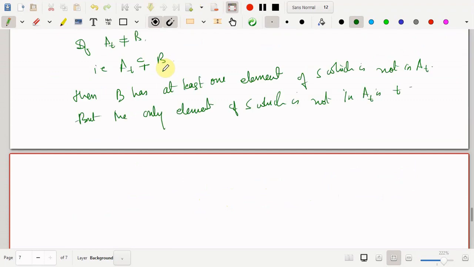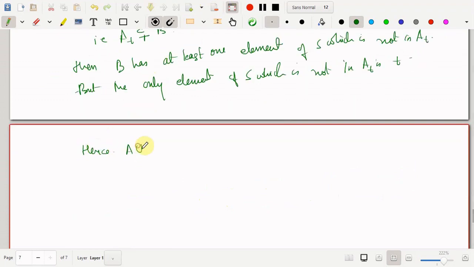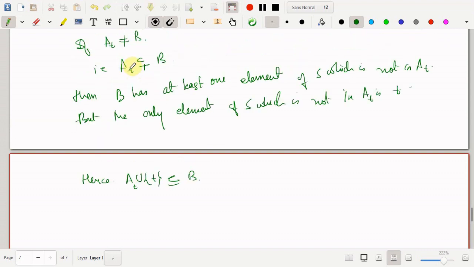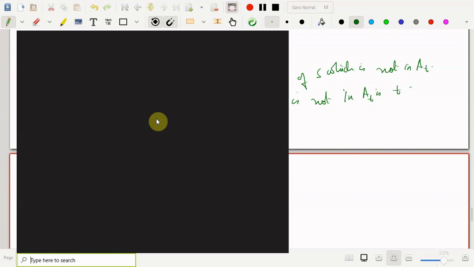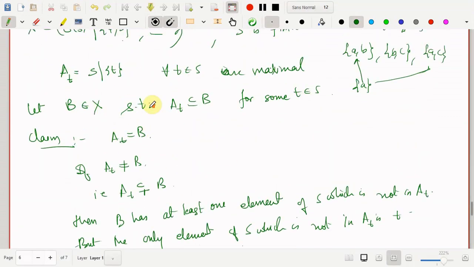Hence A_T union this {T} should be contained in B. Because we know that A_T is short of only one element from S, that is T, and A_T is a proper subset of B, there is at least one element of S which is not in A_T, and the only such element is T. Therefore, the union of A_T with T has to be contained in B, which means that the entire set S is contained in B. This would imply that B is equal to S, which is a contradiction, because B comes from X, so B is different from S and different from the empty set.